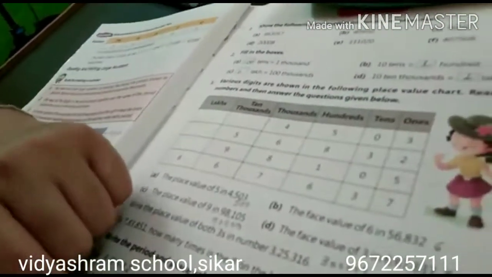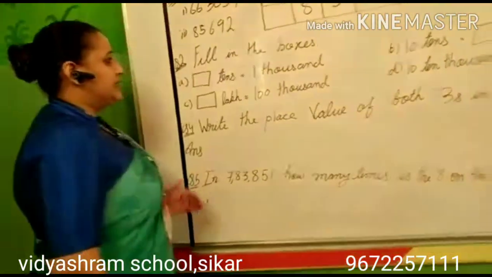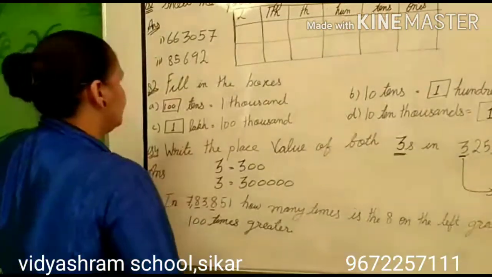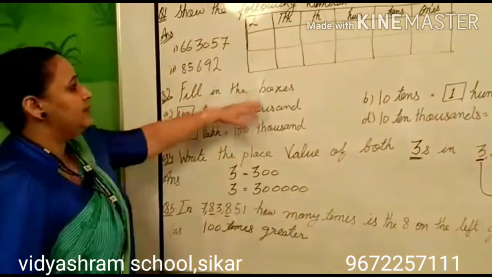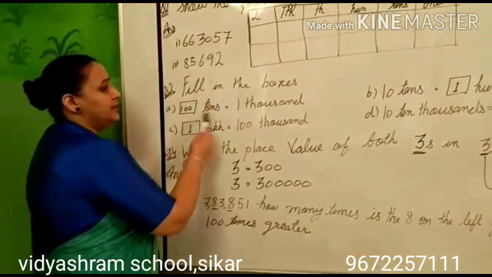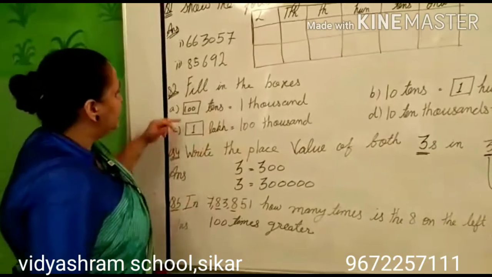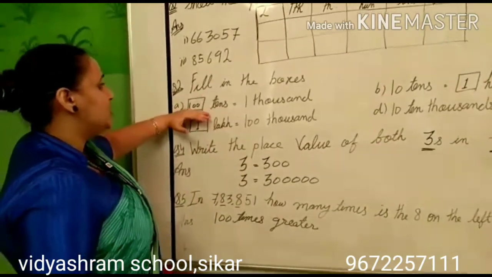Now you can see here, the second question we have to do on the blackboard. You can see with me and join with me. Here it is written, number 2: fill in the boxes. You can fill the boxes, and see here, that is the box.